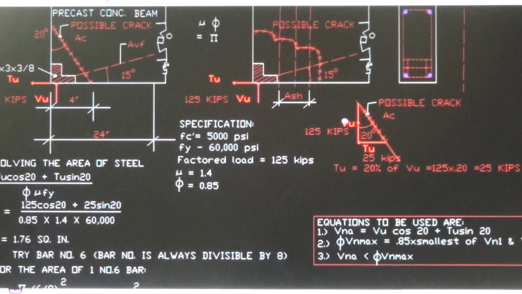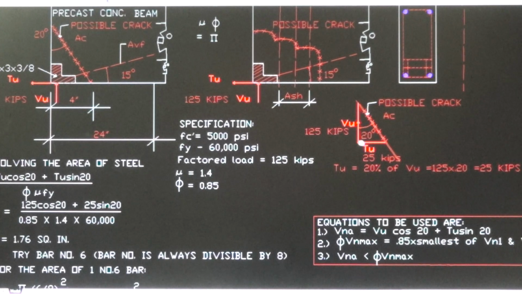The VU here is the adjacent side. When you're looking at this angle here of 20 degrees, the VU is a cosine. Cosine is adjacent over hypotenuse. The AC here is the crack, and the adjacent side of that is the cosine of 20 degrees.